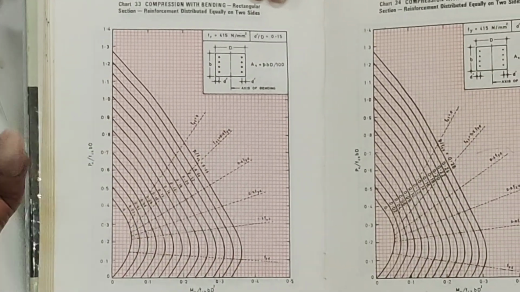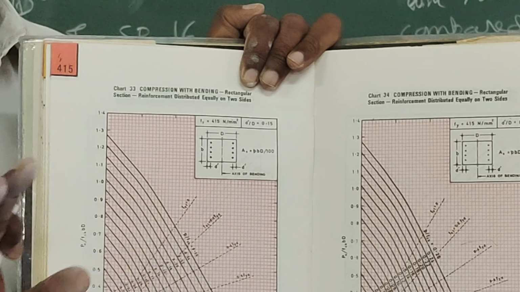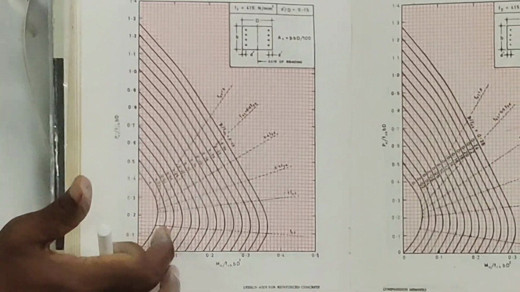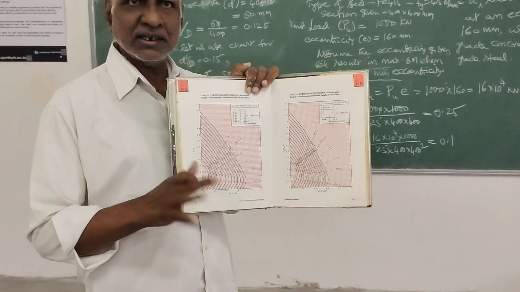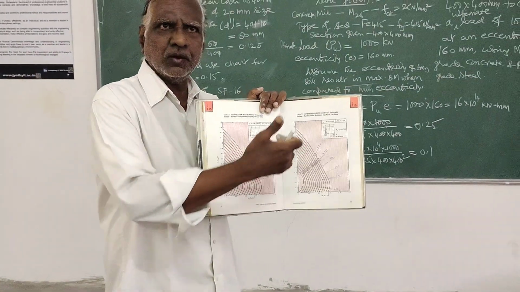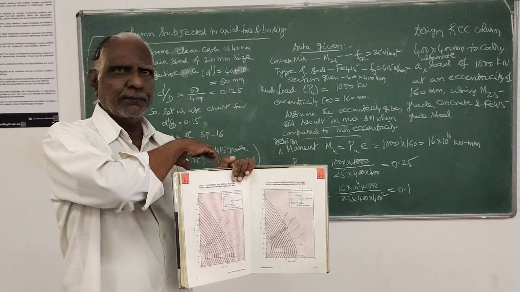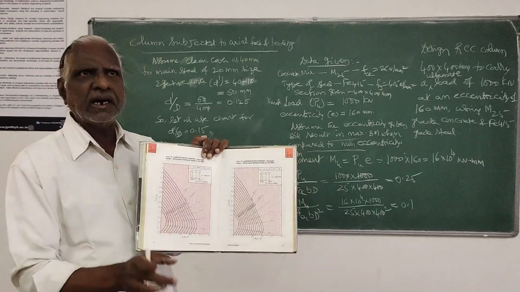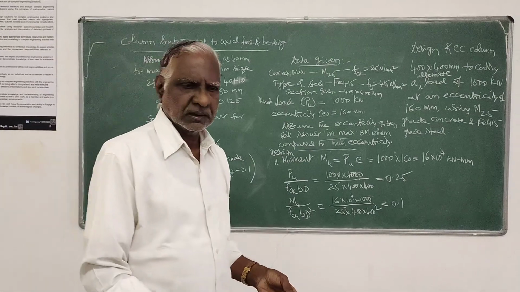So that is a more or less optimum type of design you can conclude, and that is only for information. It will not help you in actual design computation. The only design computation is getting the p by fck value. That's all.